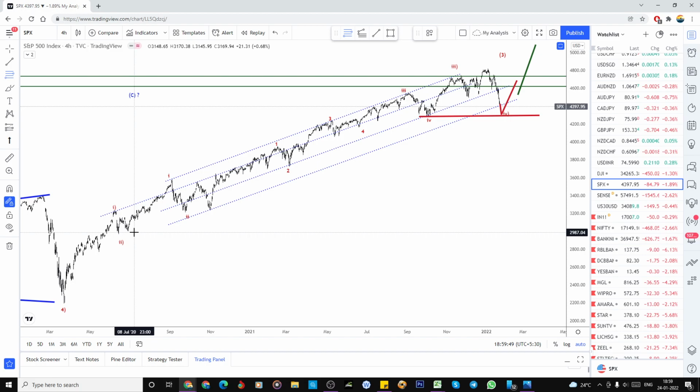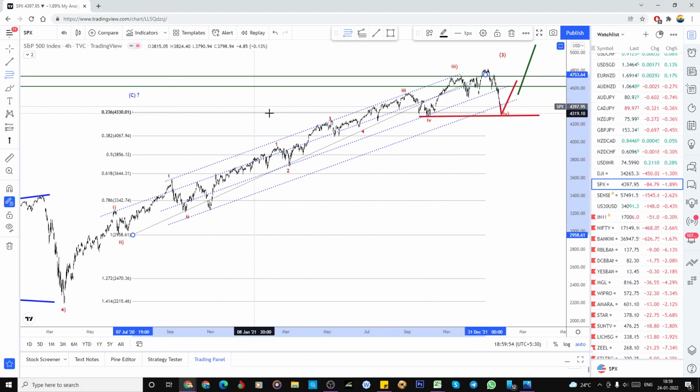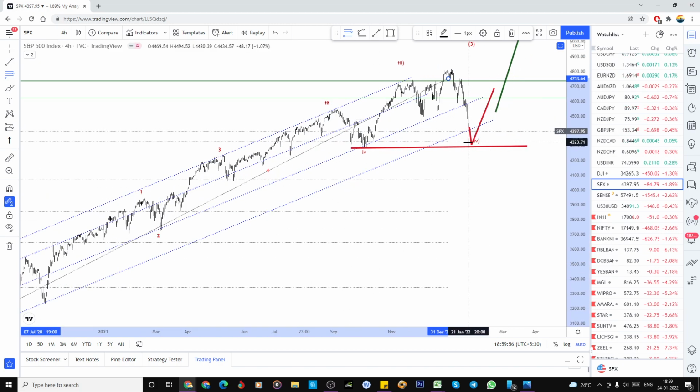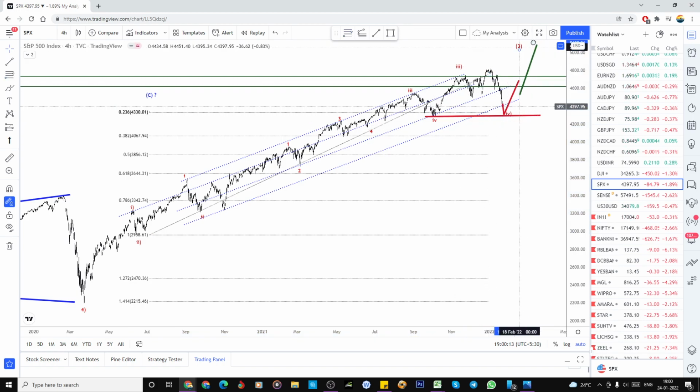So from the end of the third wave, we are exactly at 23.6, around the 43,300 levels. So this is also 23.6. If it happens, and this is a 1, 2, 3, 4, I'm expecting the fifth wave of this third wave, and in Nifty also the same third wave I'm expecting, and in the S&P 500 also I'm expecting the third wave. So everything is correlated to the market I'm expecting.